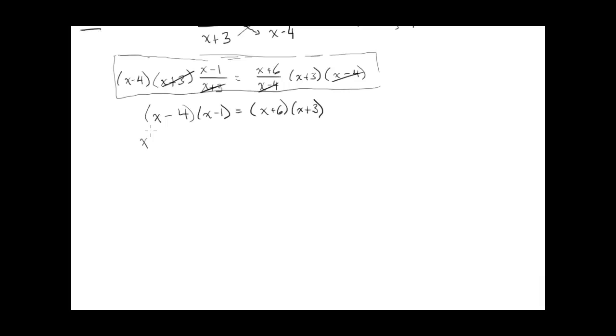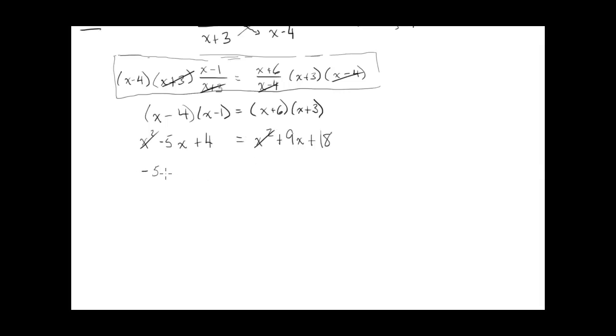So now I'm just going to expand both quadratics, both sides of this equation, and solve for x. So I need to collect like terms all on one side. The x squareds are going to cancel out.